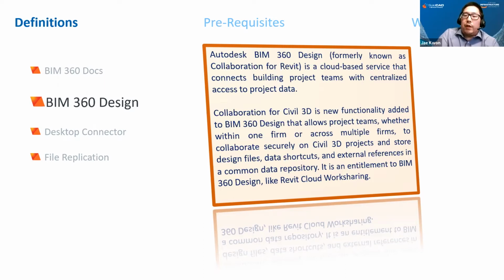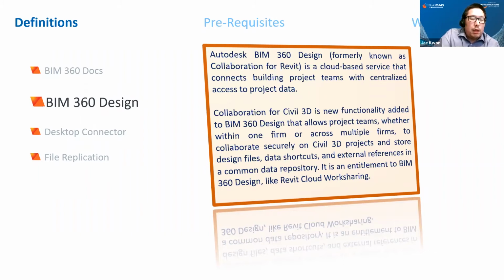What the design portion lets us do is, it's a collaboration module. I'm not going to talk about the Revit side of things. I'm just going to focus on the Civil 3D side. Maybe Plant 3D for some of you, but mainly the Civil 3D side.